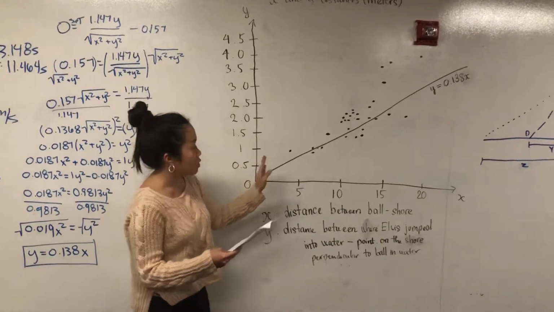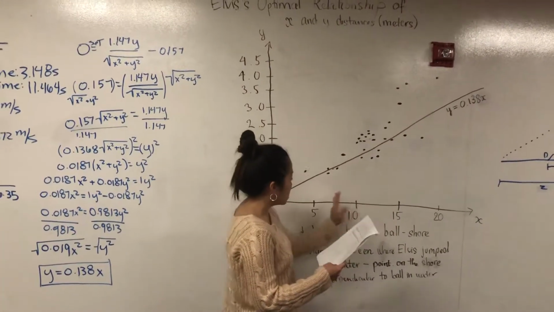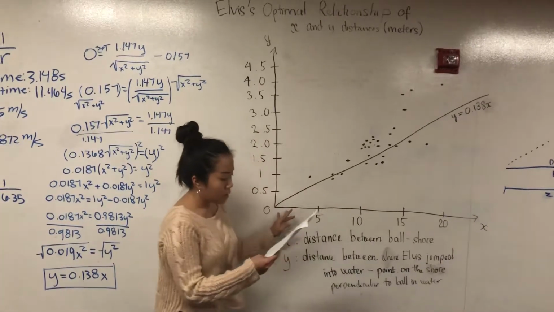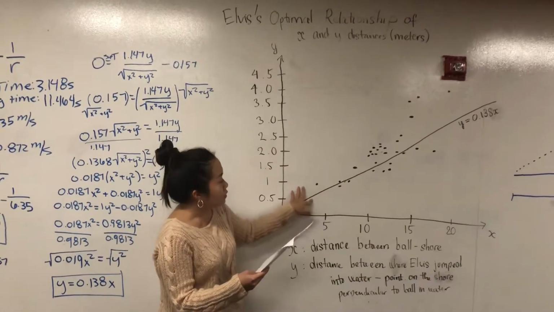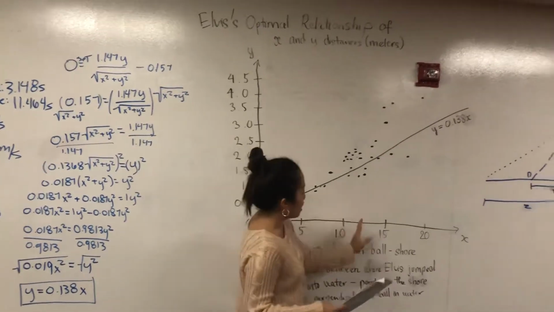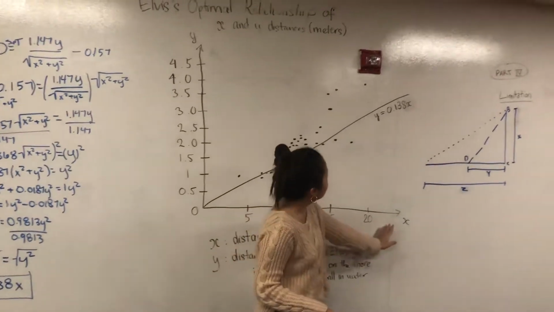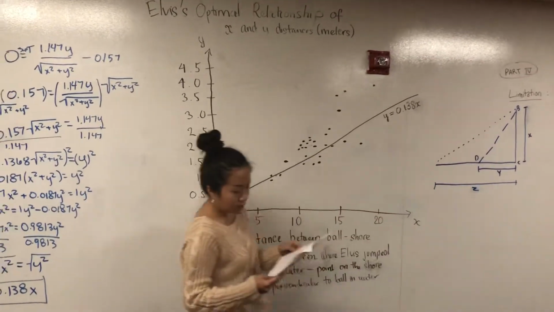However, like the data shows, less than about like 12 meters to 0, Elvis is able to optimize the time better than when the distance is 12 to about 20.